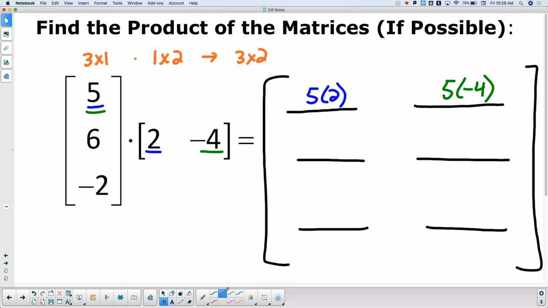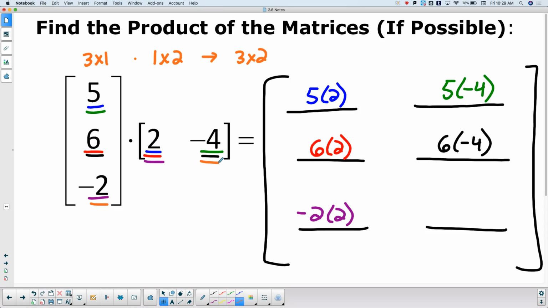I take the second row times the first column, second row times the second column, third row, first column, third row, second column.